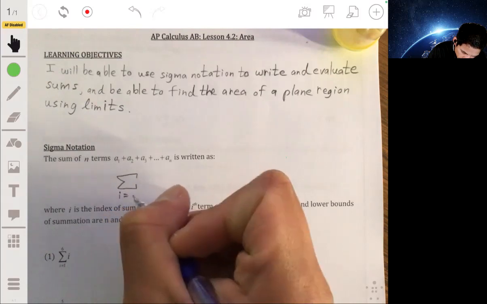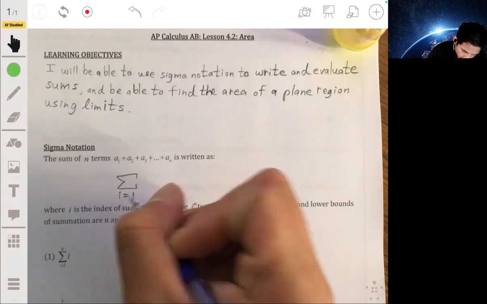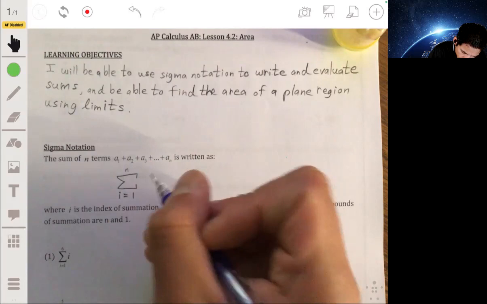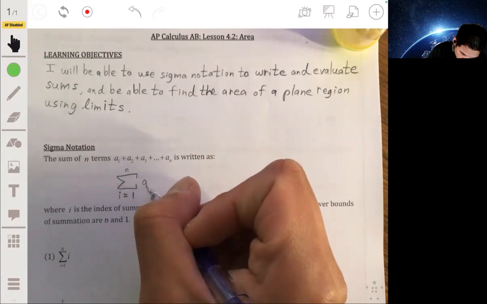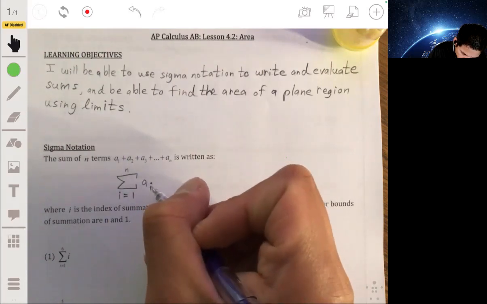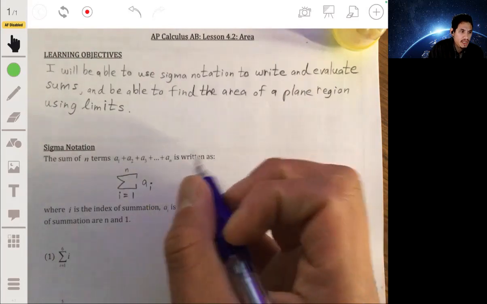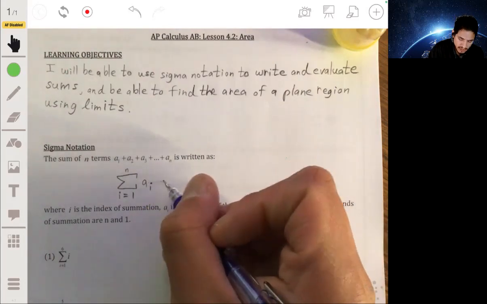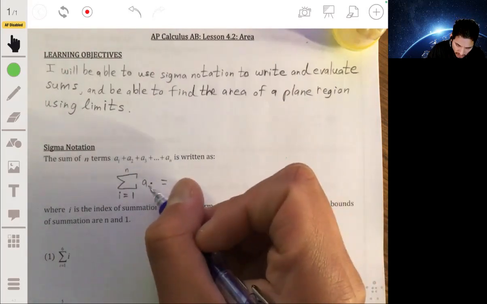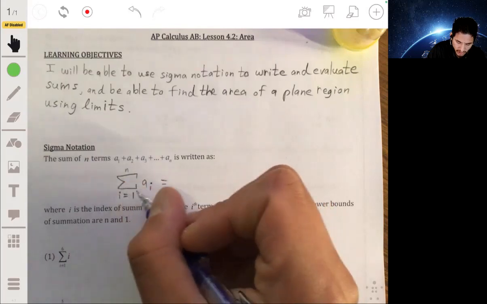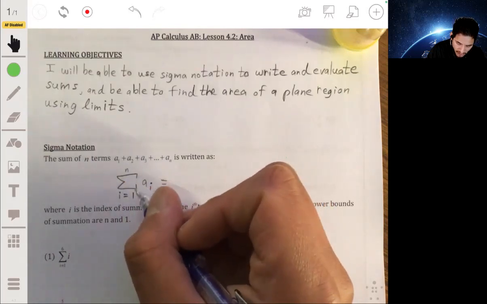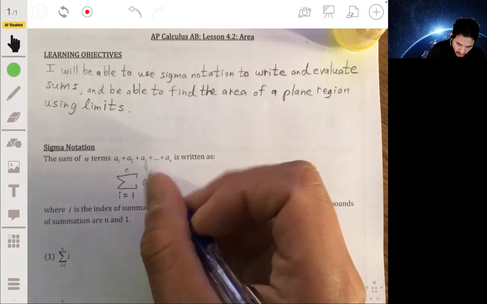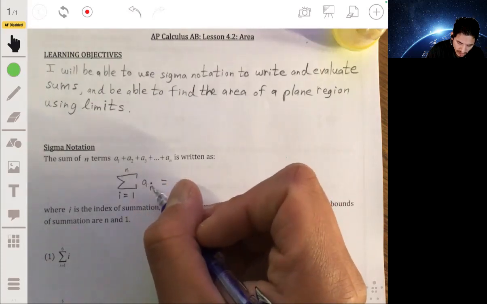And then we use our index starting with i equals 1 to n, and we write a sub i over here, if you recall. And this basically is telling us that we're going to add up the 1 through n terms where each term is equal to a sub i.